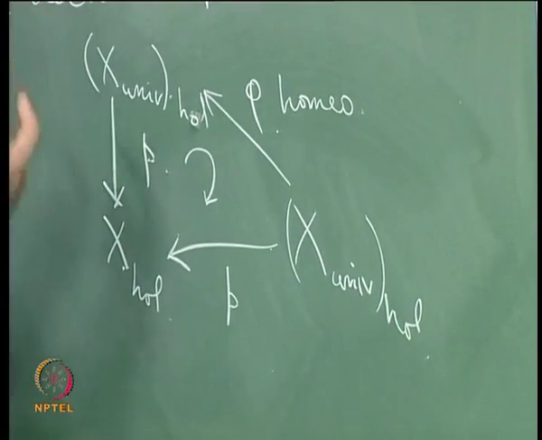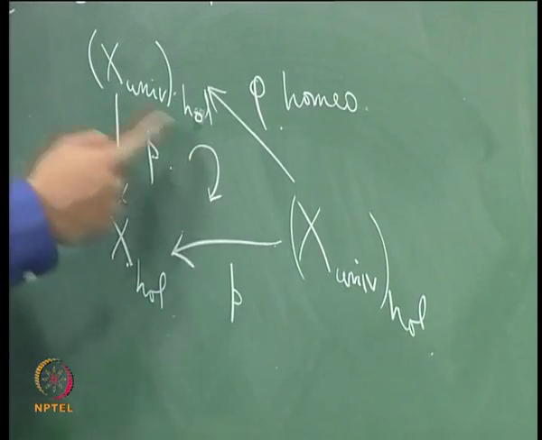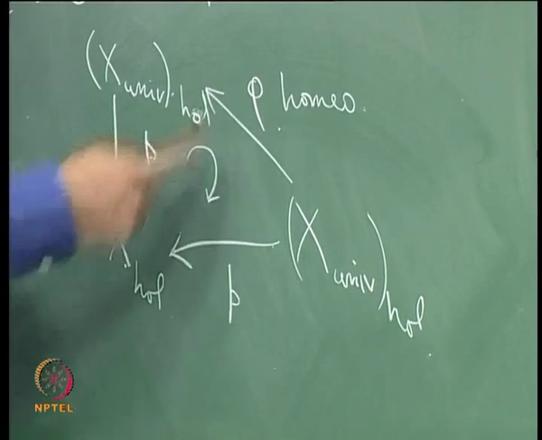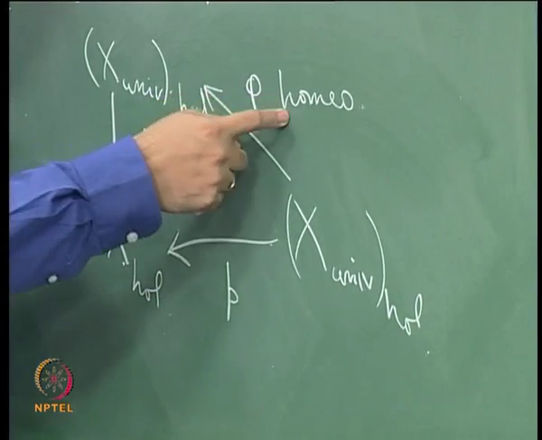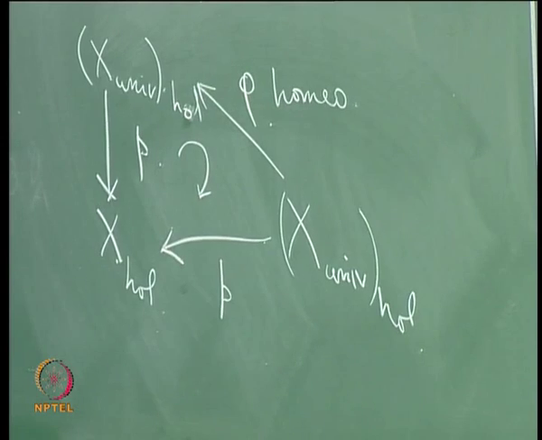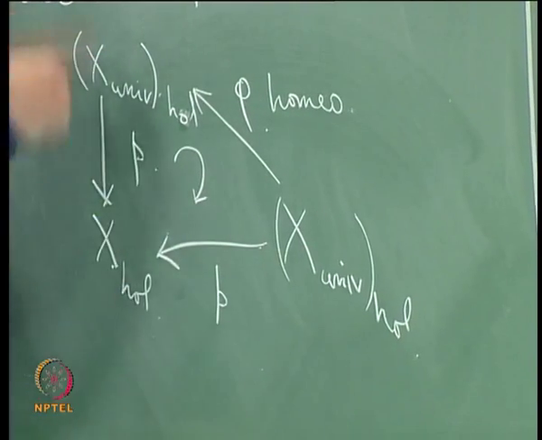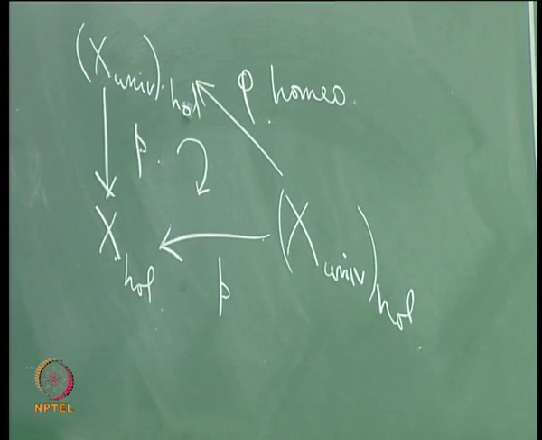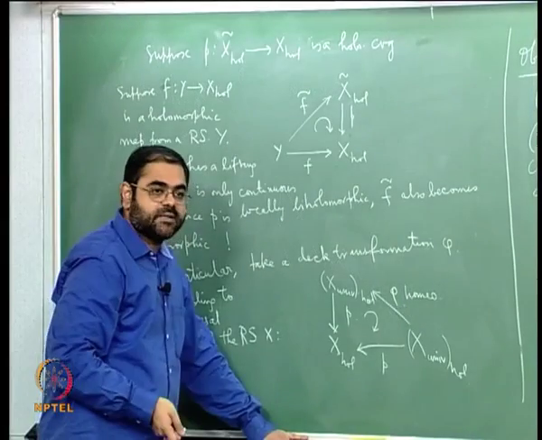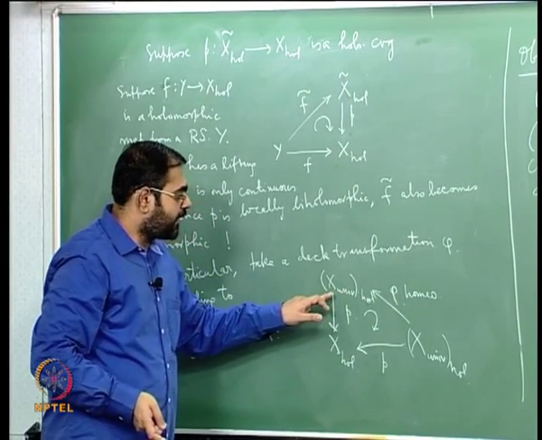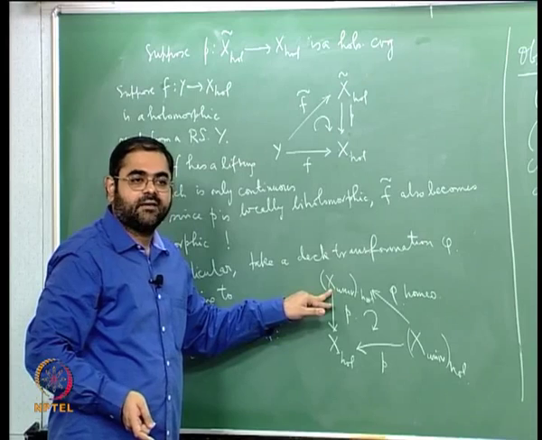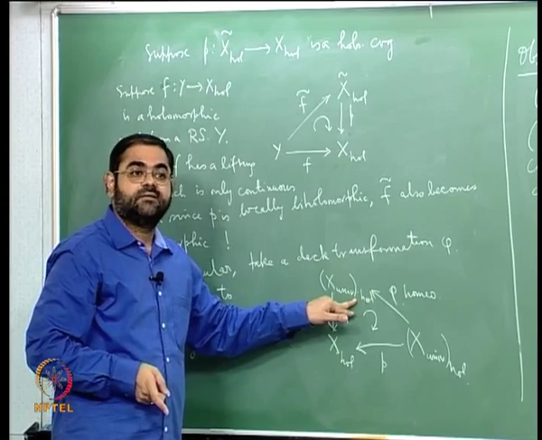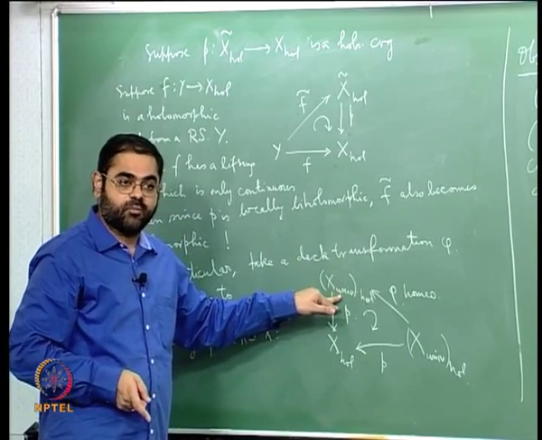What is a deck transformation? A deck transformation is just a homeomorphism of the universal covering which respects the projection. So it is a lift of P, but it's a homeomorphism, so it's continuous. And since everything involved here is holomorphic, this phi automatically becomes holomorphic, and a holomorphic homeomorphism is a biholomorphic map. Therefore phi is not only an automorphism of the topological space underlying the universal cover, it is also a holomorphic automorphism of the unique Riemann surface structure on this universal covering space. That is the whole point.